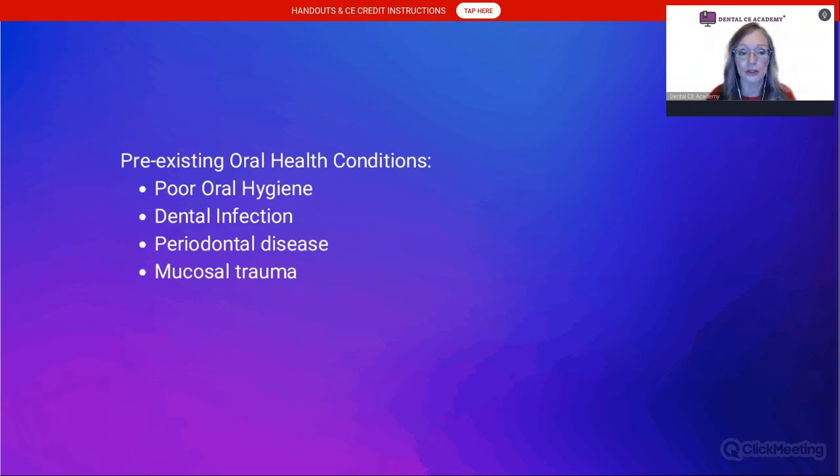Pre-existing oral health conditions, also a risk: poor oral hygiene, dental infections, periodontal disease, and mucosal trauma, all pre-existing. So there are thoughts around patients that may have old deteriorating amalgams and so forth, because that can interfere with some of the treatments that can be applied as well.